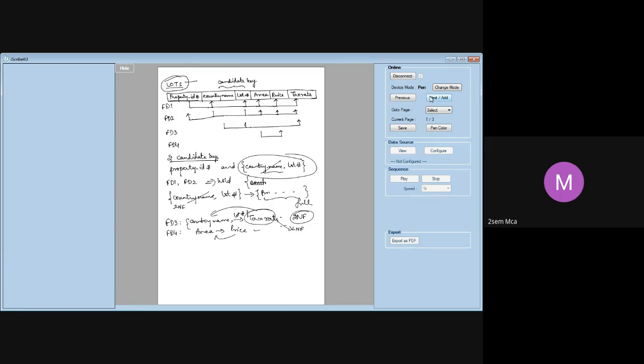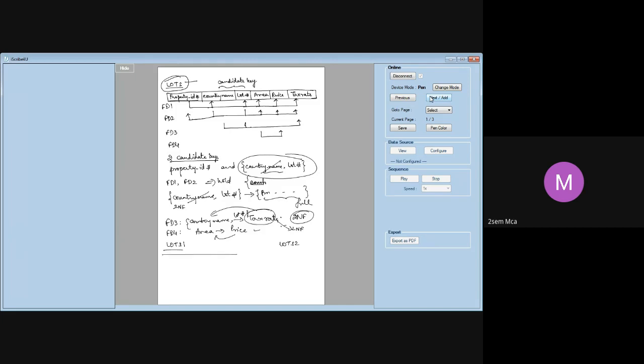So what should I do? Since FD3 is violating second normal form, I cannot say that this lots table is in second normal form. Lots table is not in second normal form because of the violation caused by FD3. So what can I do now? I will decompose this lots table into lots 1 and lots 2.